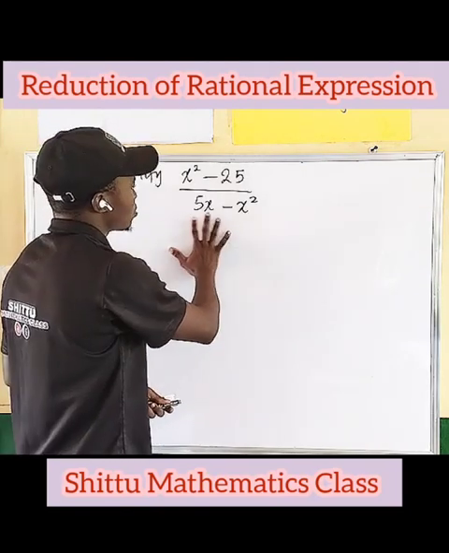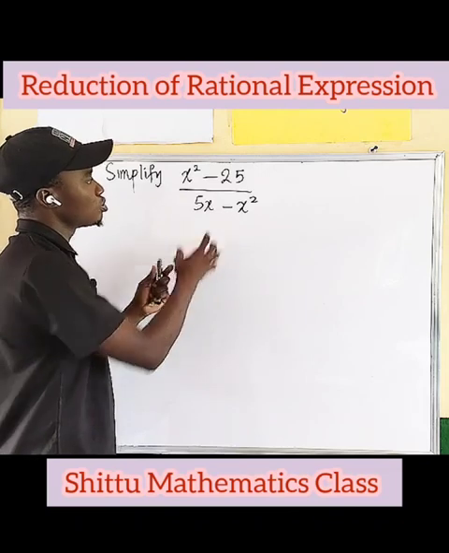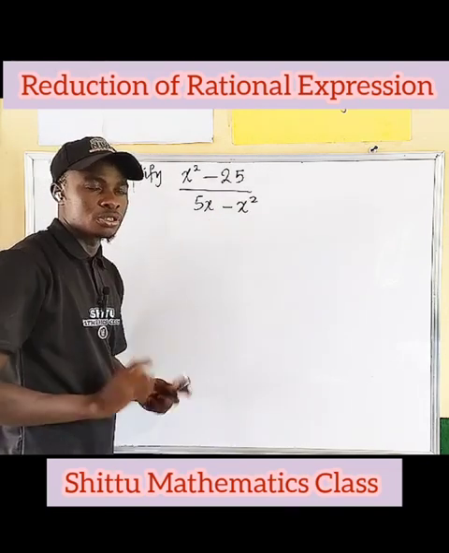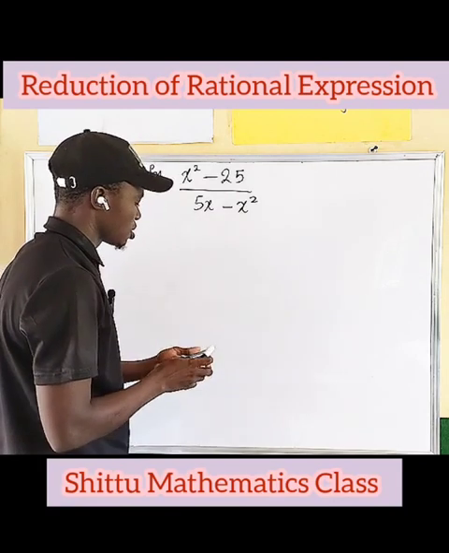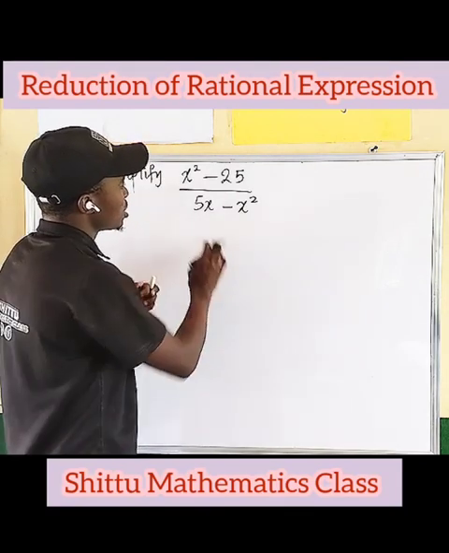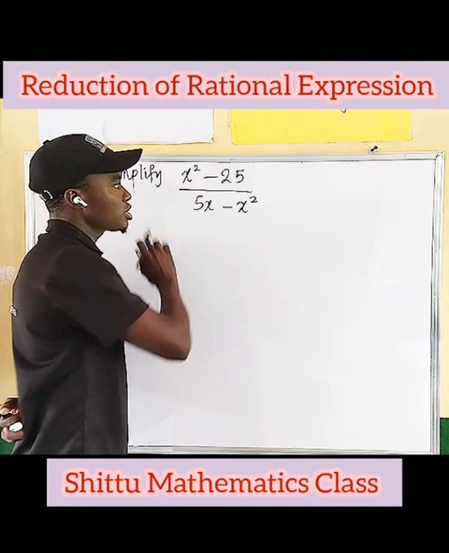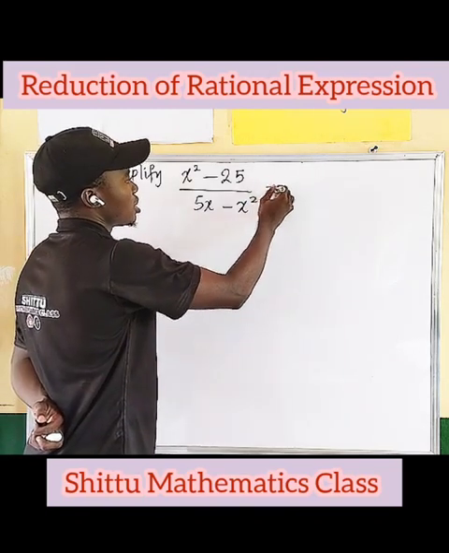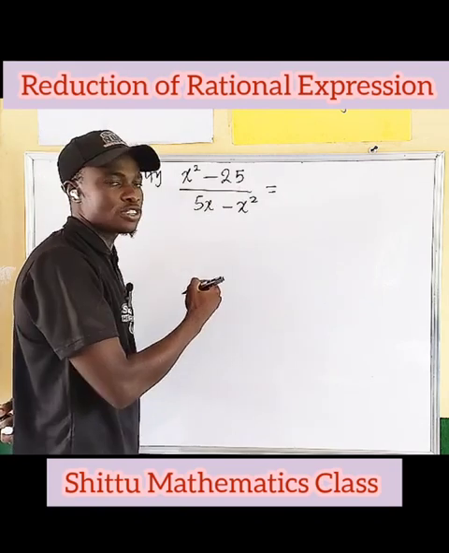Whenever they ask us to simplify, it means we want to take this expression to its lowest form, that is, to reduce it. If we want to reduce this, you can see that this numerator can be expressed as a difference of two squares.